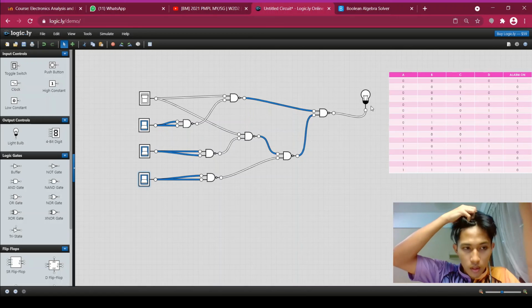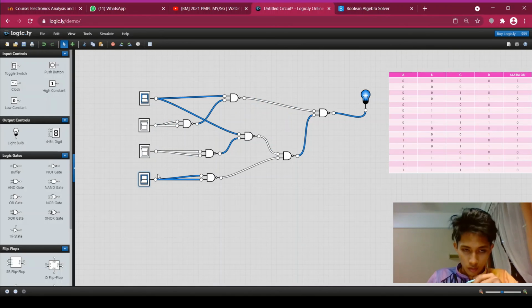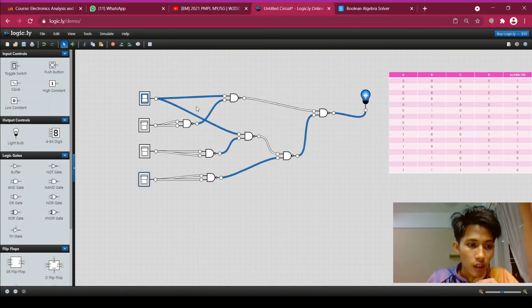Referring to the table, 0 1 1 1 is 0. Correct. Move to the next one, 1 0 0 0. The output is 1. Referring to the table, 1 0 0 0 is also 1. Correct.